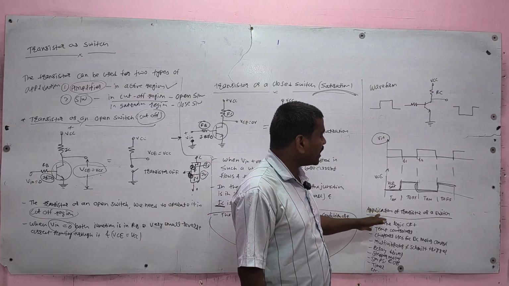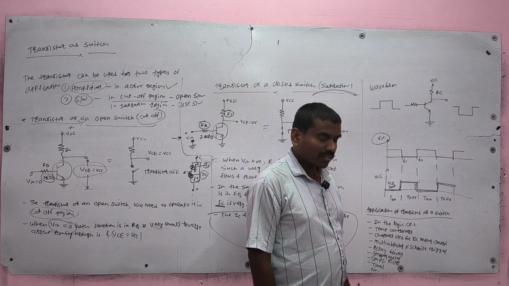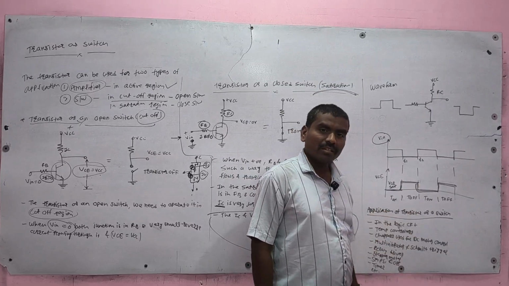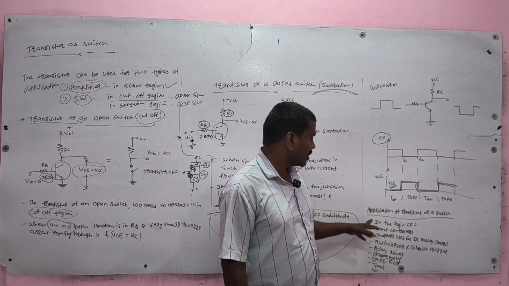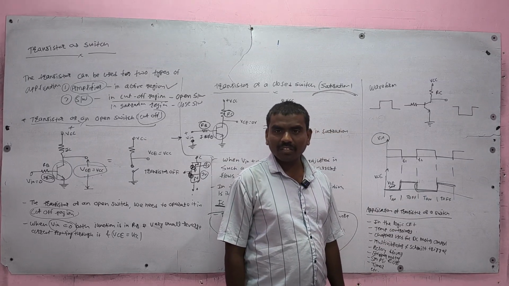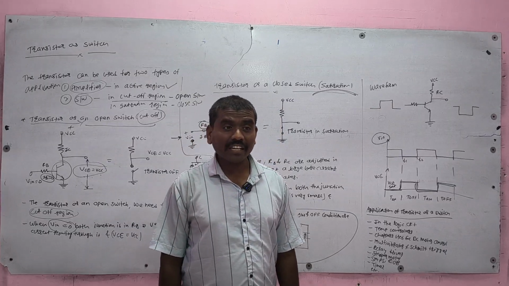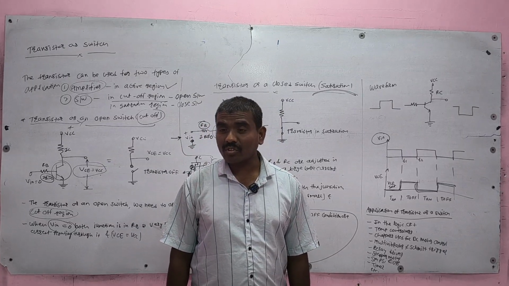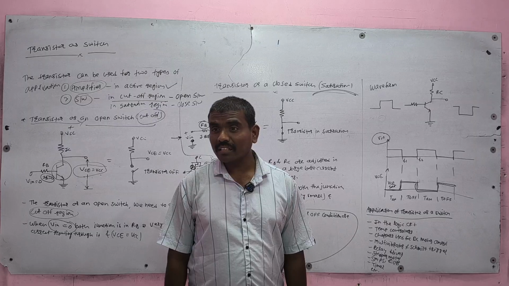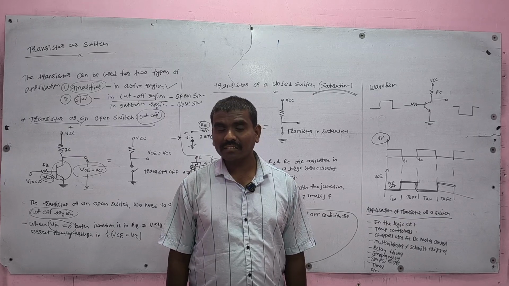Next, application of the transistor as a switch. So the first application is in logic circuits. In logic circuits, you know there are the AND gate, OR gate, XOR gate, XNOR gate, NOT gate, NAND gate, NOR gate.